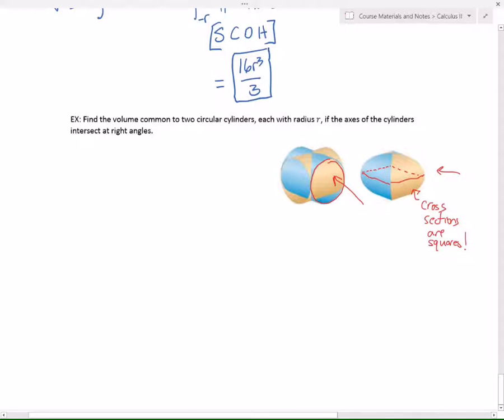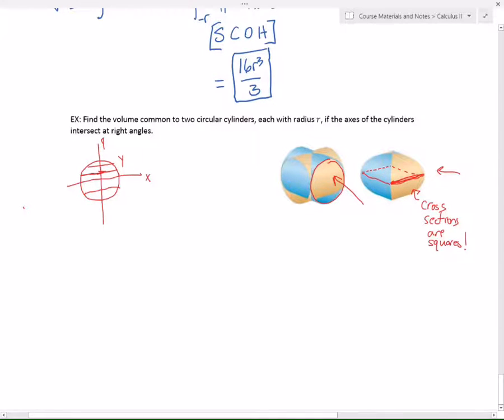What I'm going to notice is, as I look down that end, I see a circle, and the length of the side at any height that I choose is the length of this side right here along that edge of the gold cylinder. Okay? So think of this as choosing a particular y value on this y-axis, x-axis here.